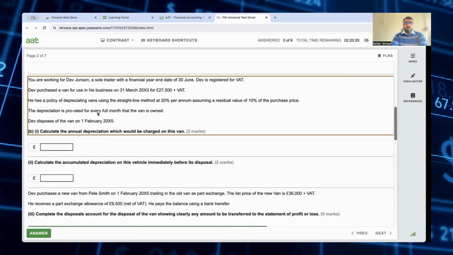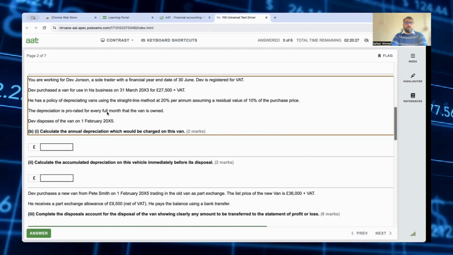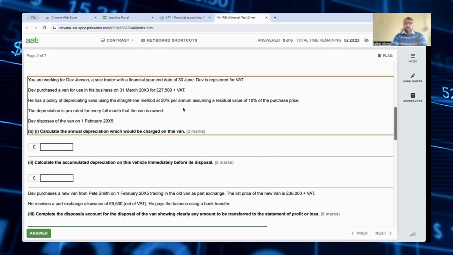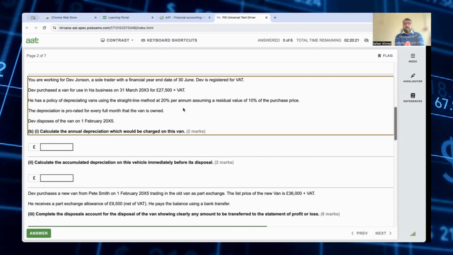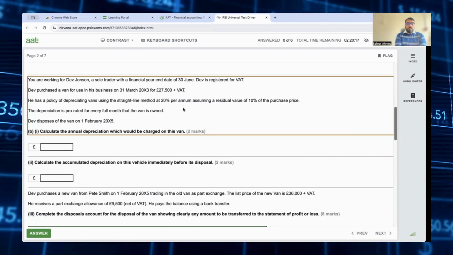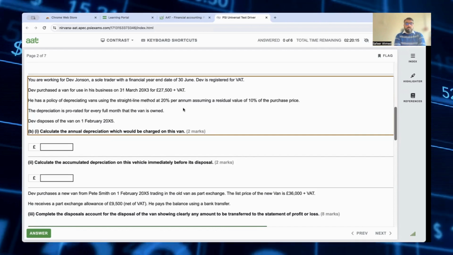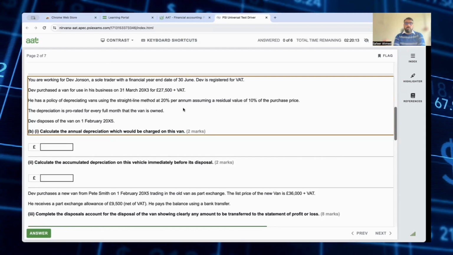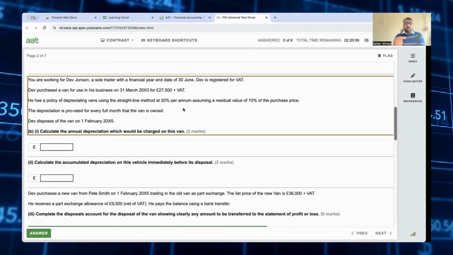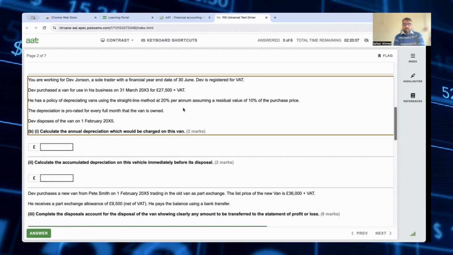So when you see this sort of policy, always make a note of the year end, because remember that if they sold a van or if they bought a van, the depreciation will be based on a proportionate basis for every complete month that the business had this asset.